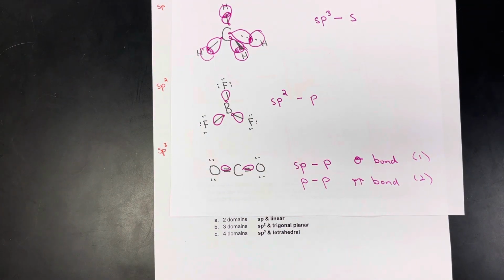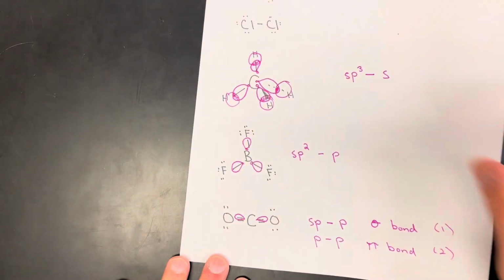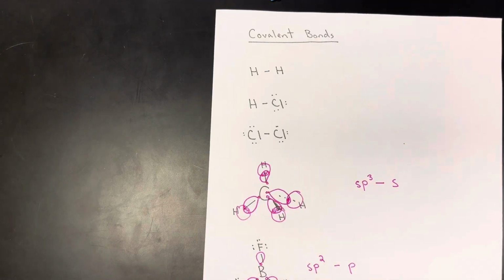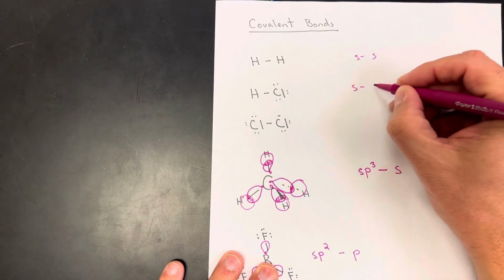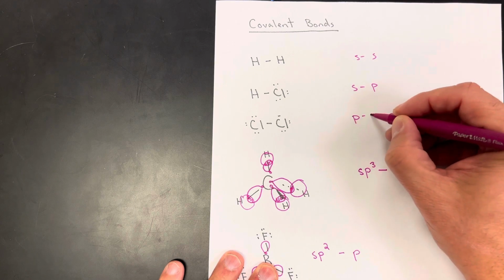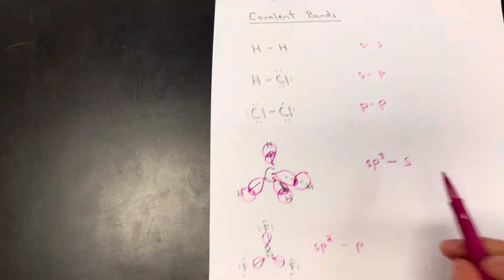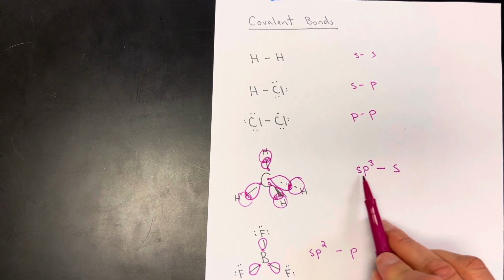We're getting pretty deep, but we're talking about what orbitals are overlapping with each other. Once again, here is going to be s and s. This is going to be s and p. This is going to be p and p. Here's an example of an sp3 hybrid orbital.